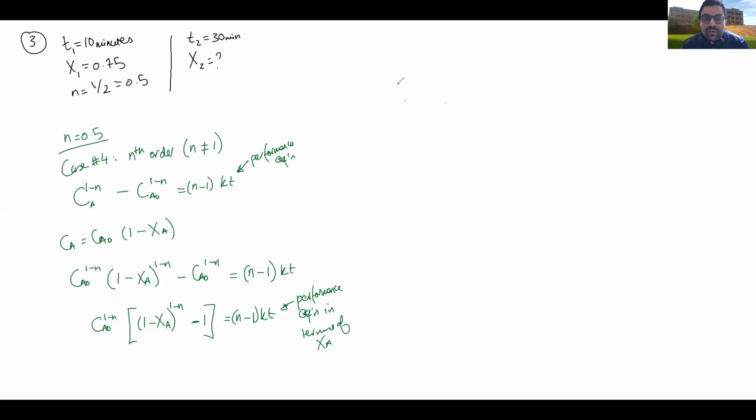So now I have my performance equation. Let's start plugging in some numbers. So I'm going to plug in the numbers for case number 1. So I have t equals 10 minutes, and x1 is equal to 0.75, and n is half.